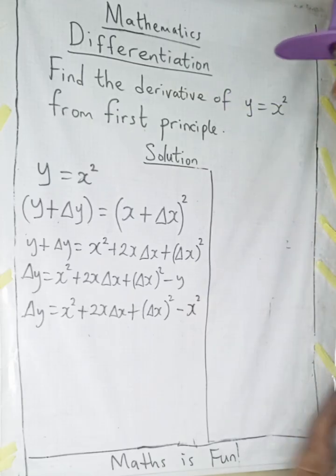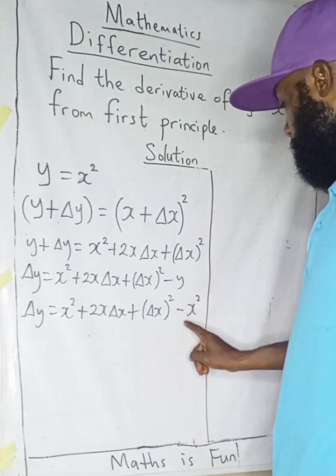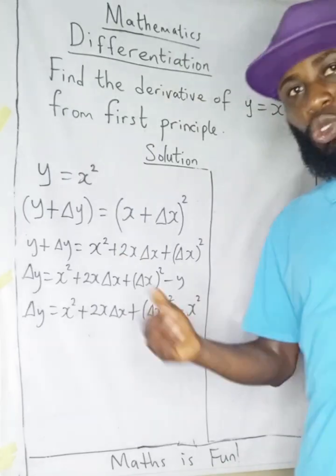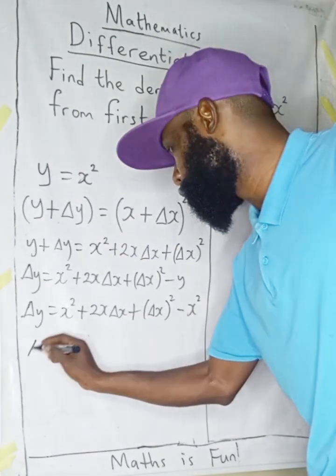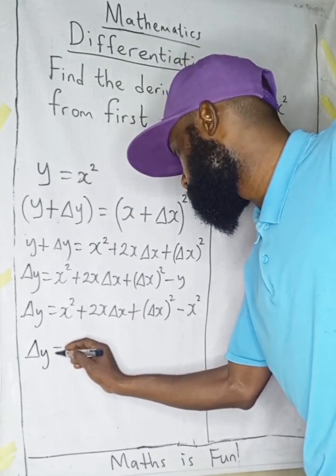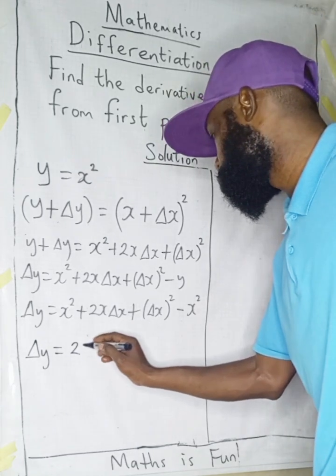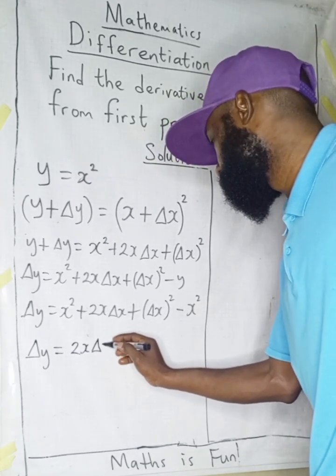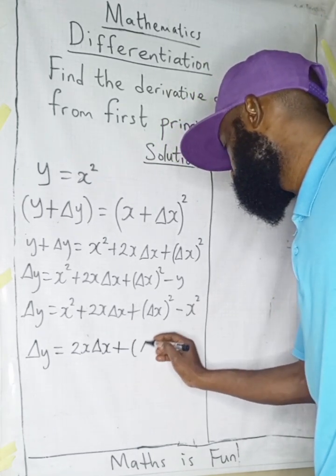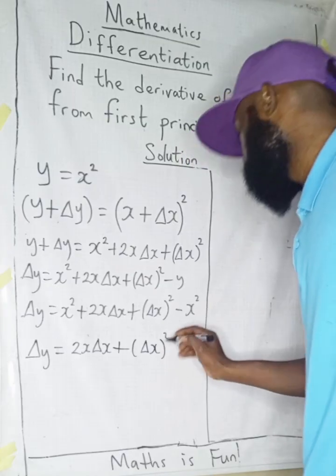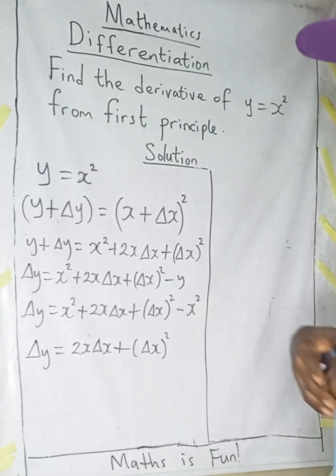And if you watch, you'll be having x squared here minus x squared. X squared is gone, leaving us with change in y is equal to 2x change in x plus change in x squared. So that's what we have.